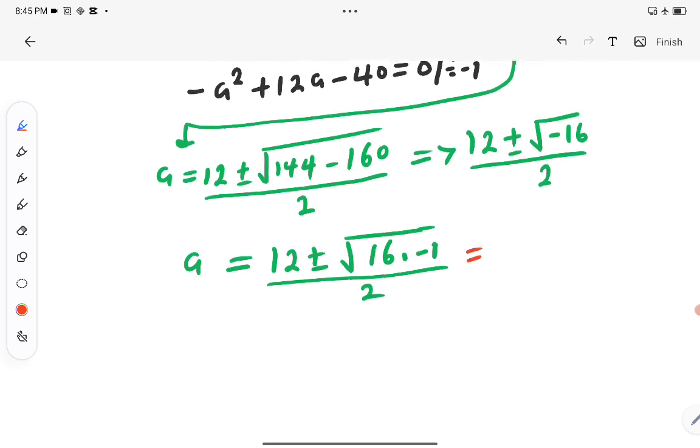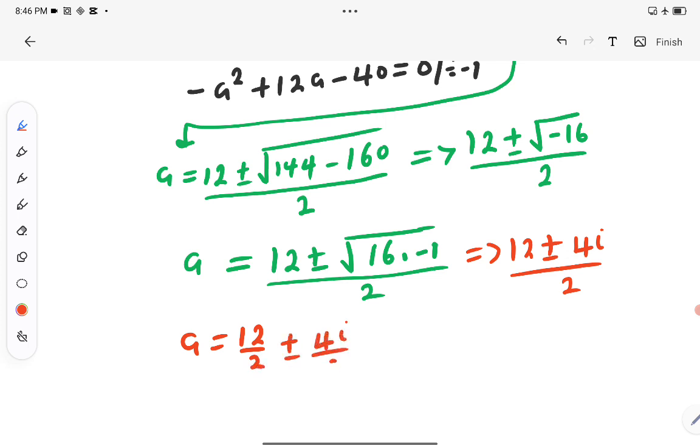Then this is the same thing as 12 plus or minus 4I over 2. Then A is equal to 12 over 2 plus or minus 4I over 2.